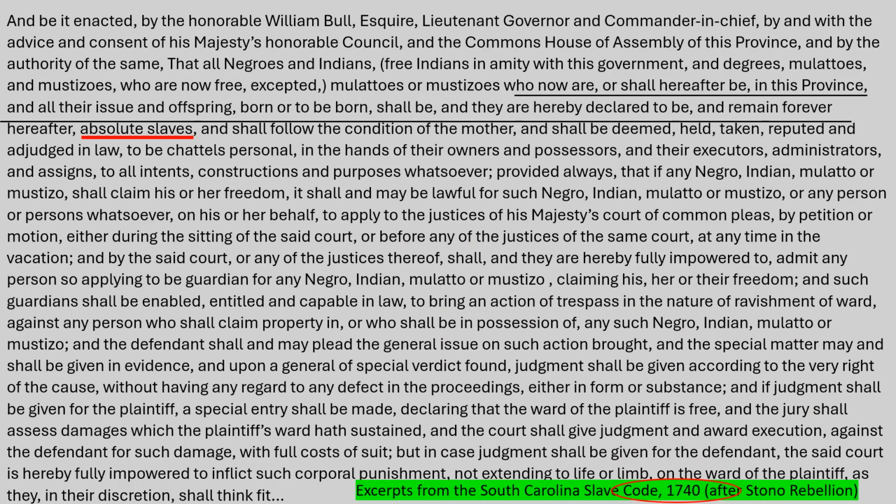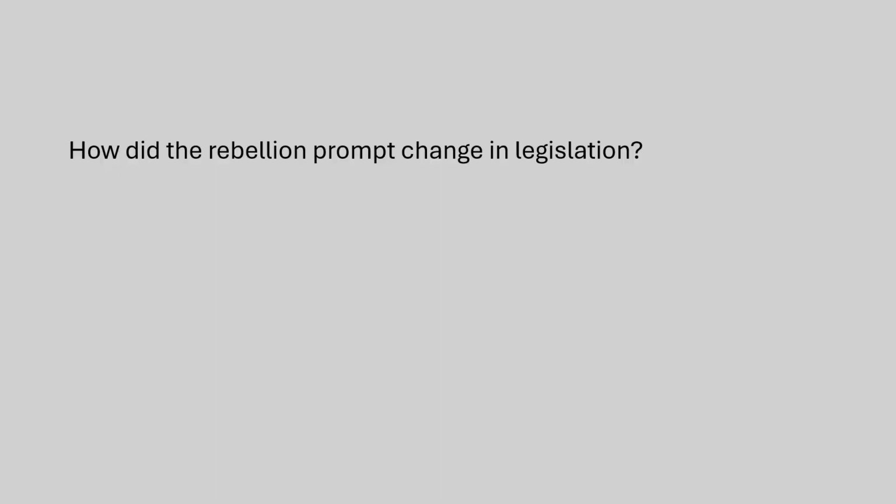And eventually what this is going to lead to is the state passing additional legislation after the Stono Rebellion to pretty much put more constraints on slaves to prevent a comparable revolt from taking place. Here again, we're talking about the offspring born or to be born shall be hereby declared to be and remain forever absolute slaves.